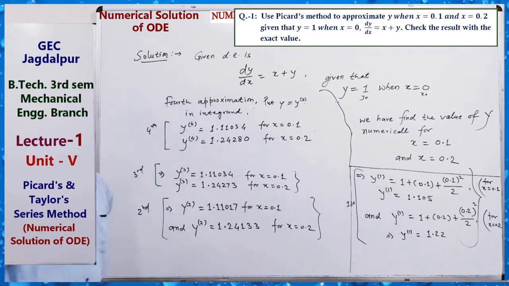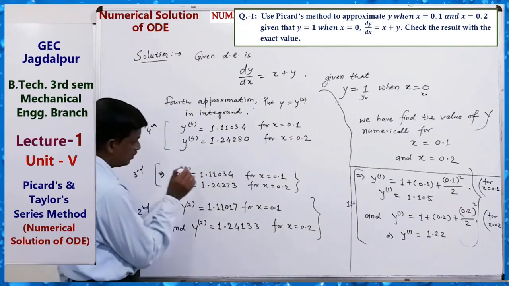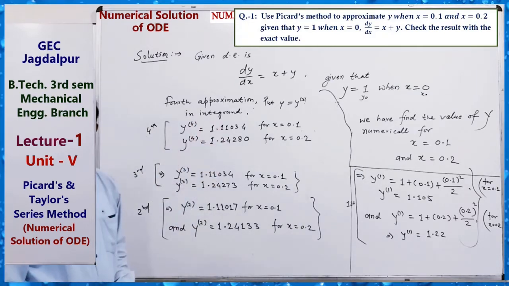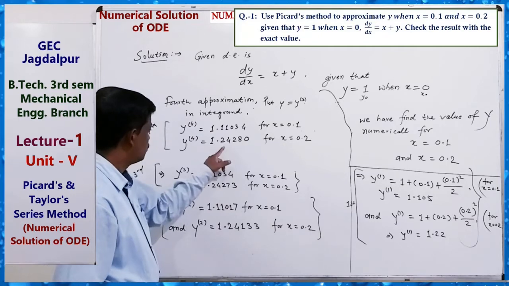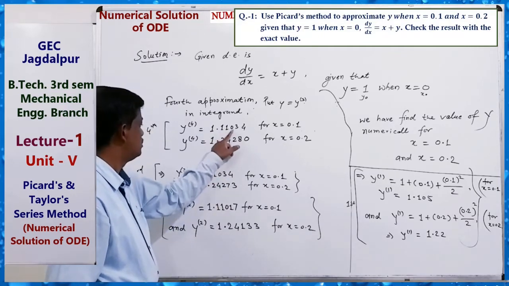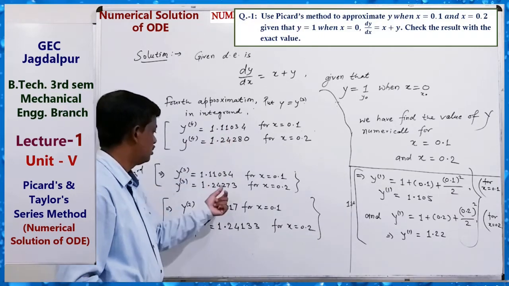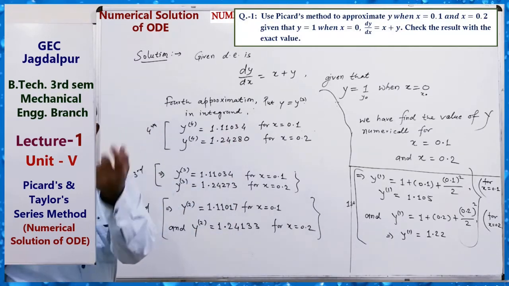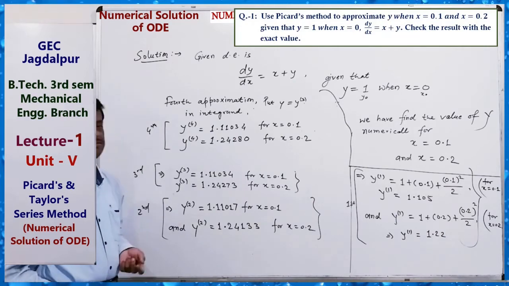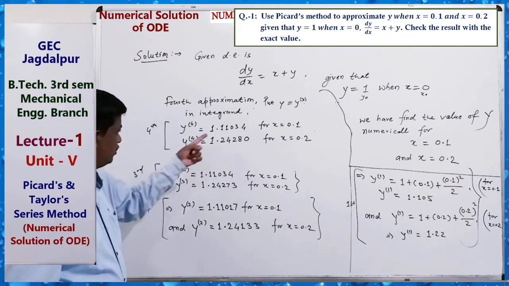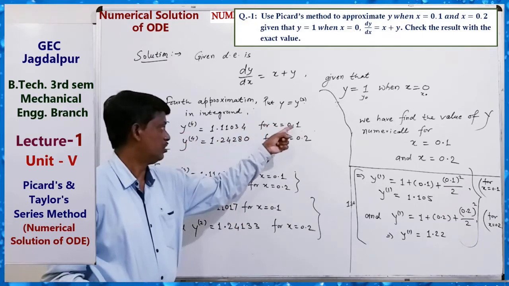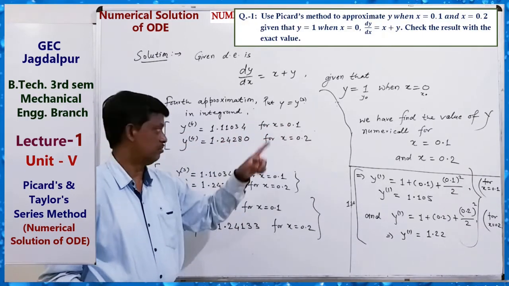This is the fourth approximation, and also you can get the fifth approximation. But here we see that these two are nearly the same value, with just a small difference. So we can take this as the value of y for x equal to 0.1, and this is the value of y for x equal to 0.2.